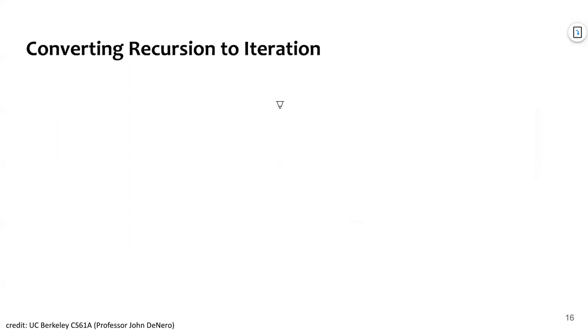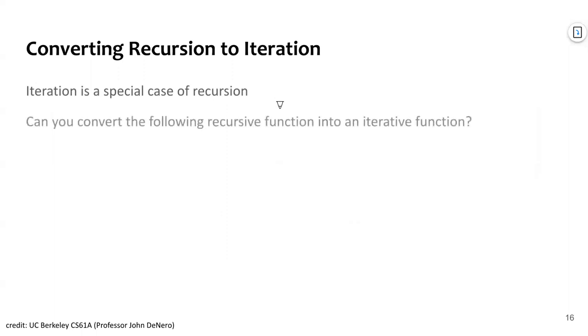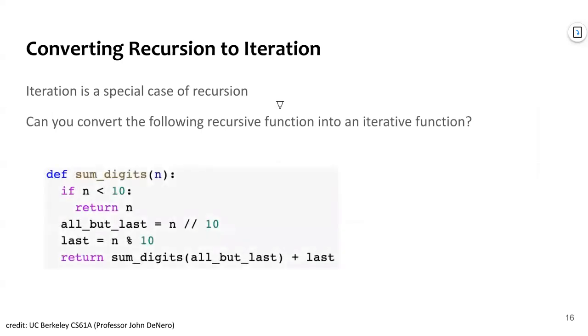And how can you convert recursion to iteration? Iteration is a special case of recursion. And can you convert the following recursive function into an iterative function?